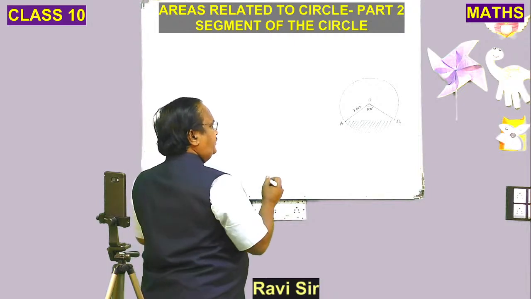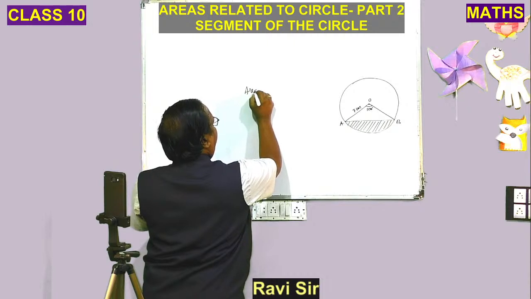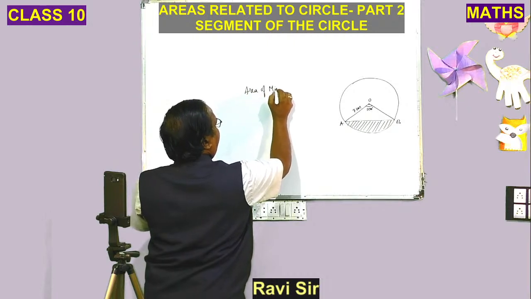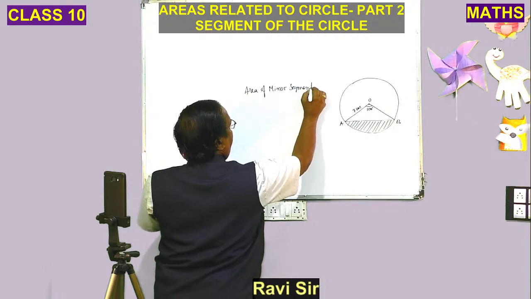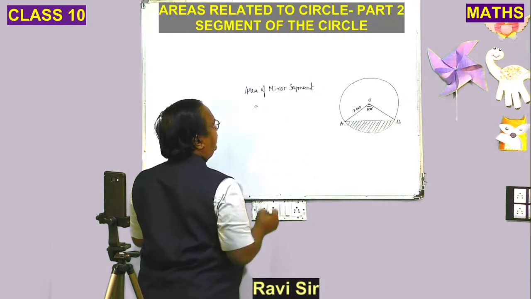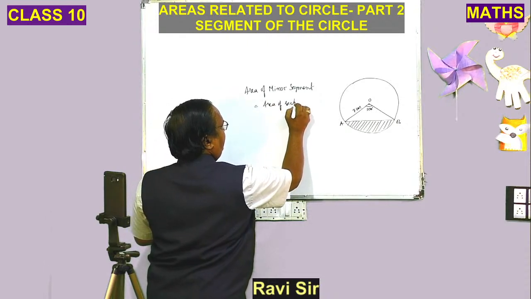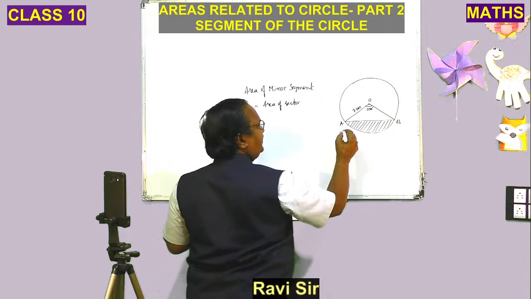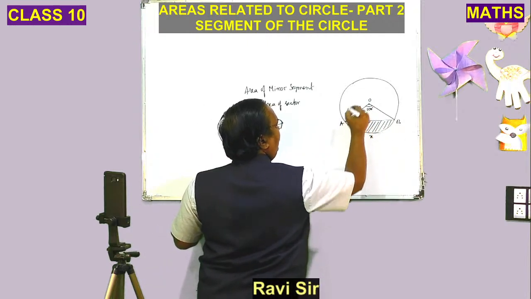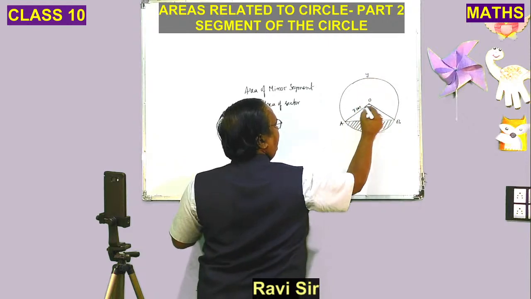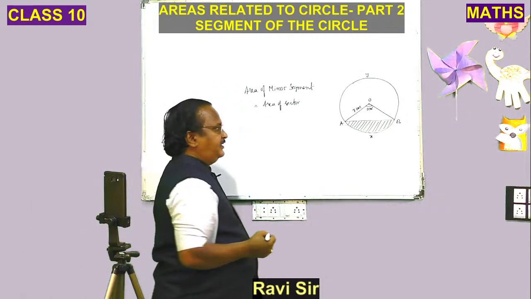Now our target is to find the area of the segment. I will write area of the minor segment, because I am calculating the minor segment, is equal to the area of the sector. There are 2 sectors, OAXB and OAYB.